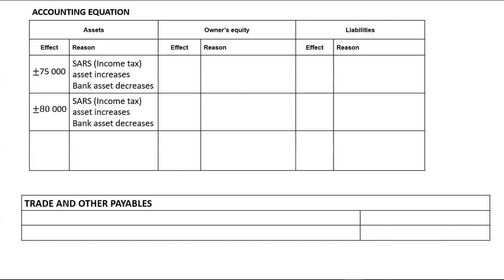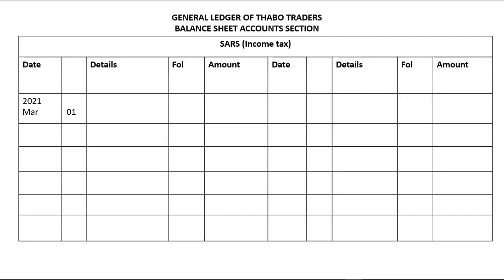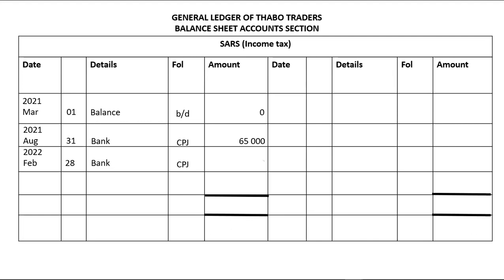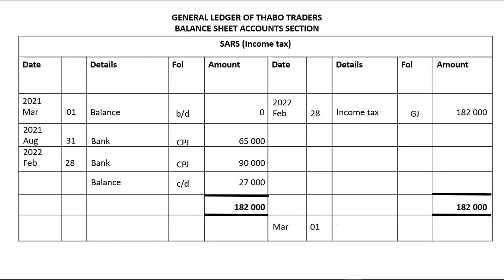Let me just check quickly. Our provisional payments here will be 65,000 as well as the 90,000 rand. So both of them will increase and decrease our asset, creating an asset which is your SARS income tax and reducing another asset which is your bank.